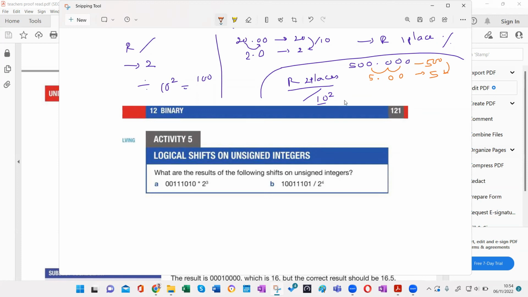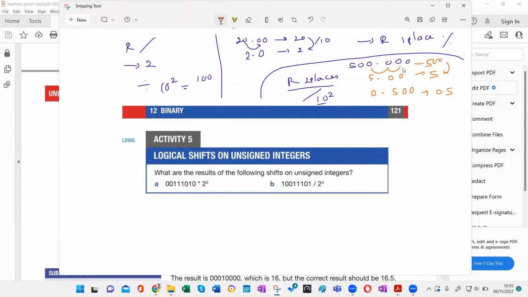If we moved it 3 places to the right, then 0 will come all the way here. These two, followed by this 0, and followed by this 5. And the decimal point will be here, and these will be zeros. Now what has happened is the original number has got divided by 1000, and as a result we have 0.5.